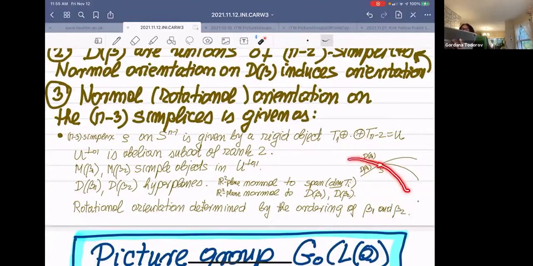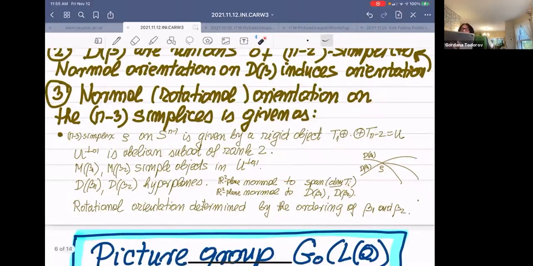Because this is a two-dimensional space, it will look like that, and it might have another line here, okay? So this N minus three simplex corresponds to a point like that, and each part will look either like that or like that. That is for simply laced. I'm emphasizing that's for simply laced. It's not true when we look at the modulated case, where you may have more than this. This is for simply laced or finite type, okay?